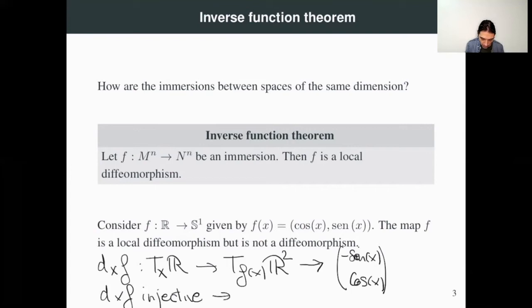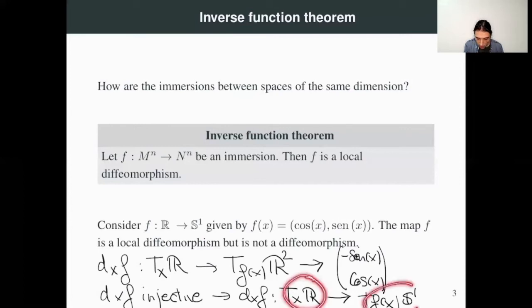But this differential is going to be also a map from the tangent space of R at x, which again can be identified with the line, to the tangent space of the circle at the point f of x. And of course it's going to be injective because it is essentially the same map. These two spaces right now are of dimension 1 because they are tangent spaces of manifolds of dimension 1.